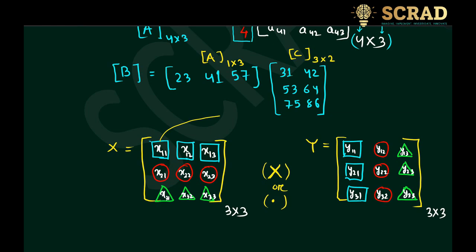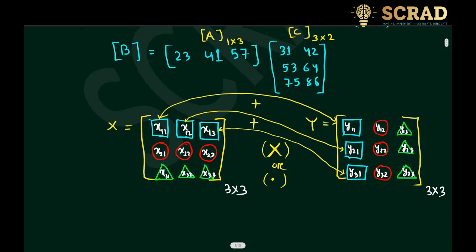We multiply this and this, then multiply the next elements, and finally we add all those products.